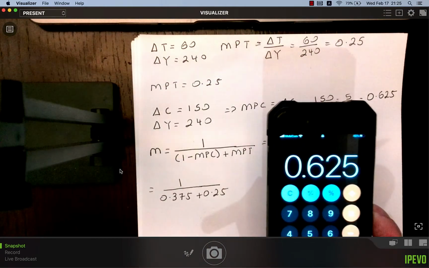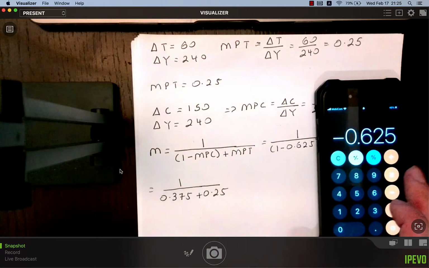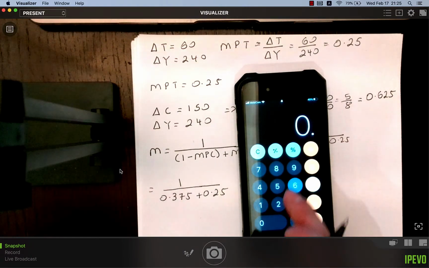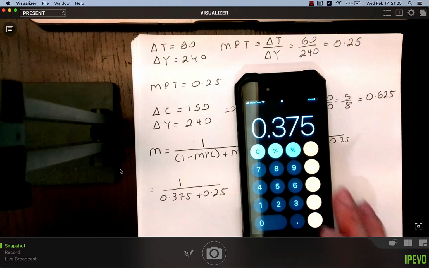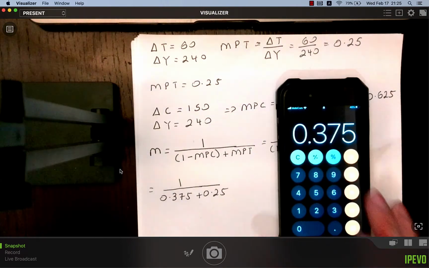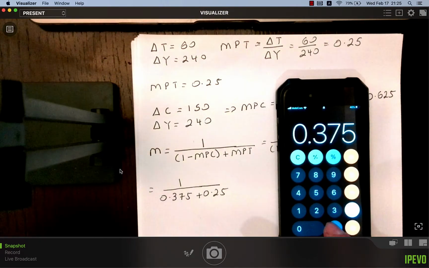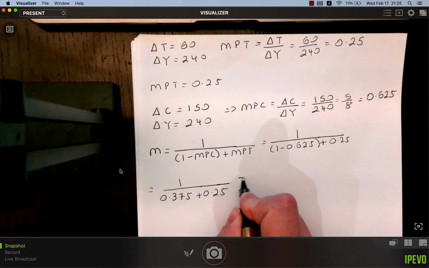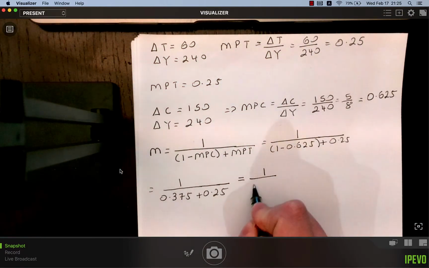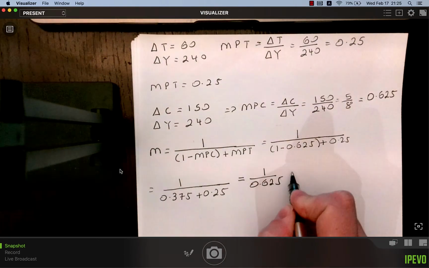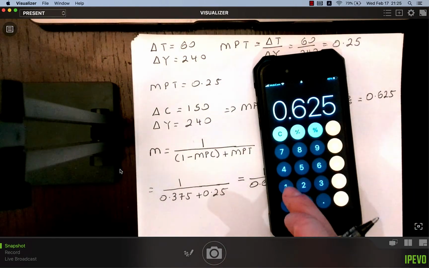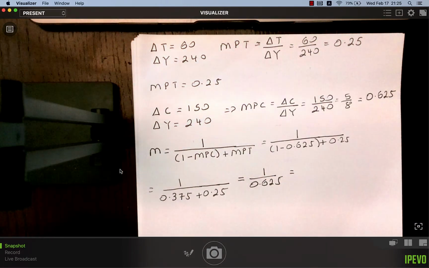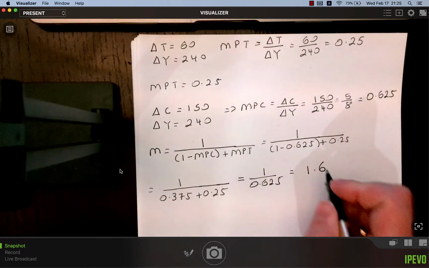Hold on, let me check. 1 minus 0.625 equals 0.375, plus 0.25. All right. Lesson learned: always trust the calculator. 1 divided by 0.625 equals 1.6.